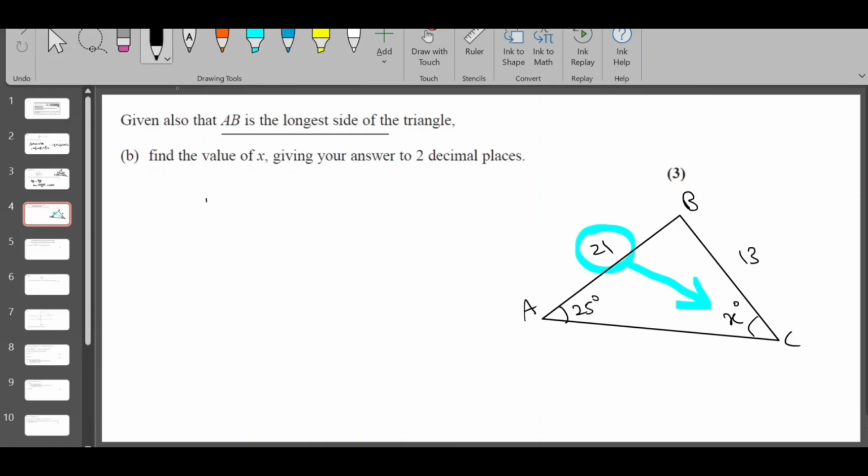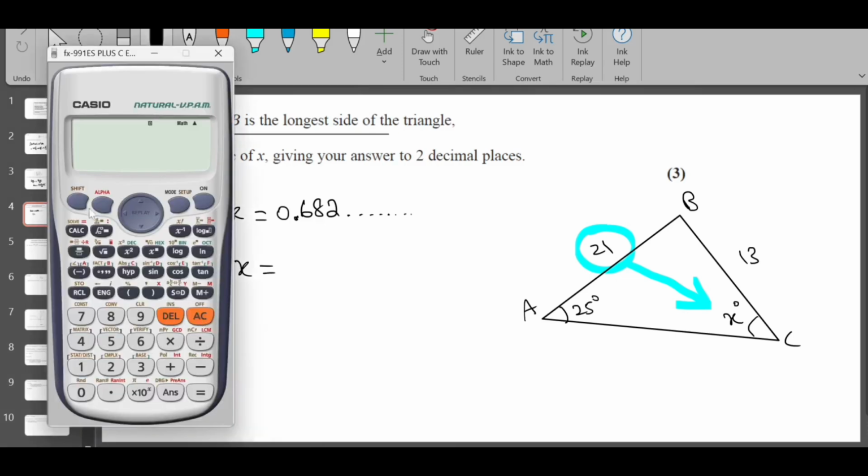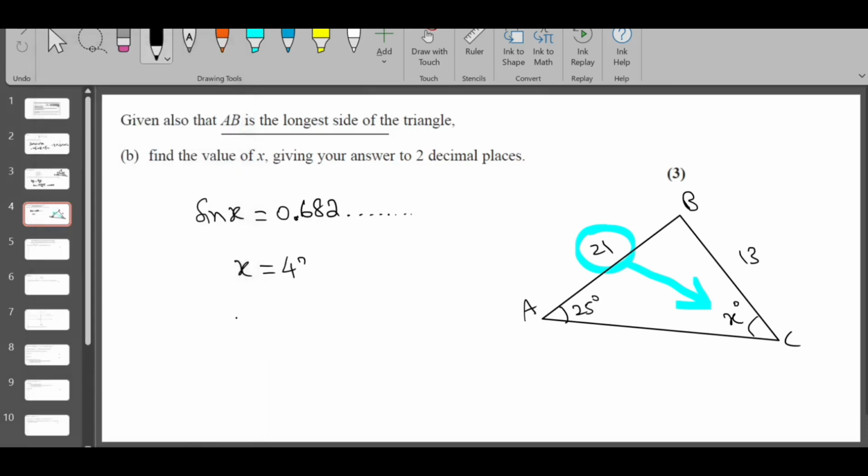Okay, we have calculated sine x from part A, which is 0.682. Don't use the rounded value, use the actual value and find x first. So x is going to be sine inverse of, we store the value as A, 43.05428, 43.054, etc. Okay, now let's say the x is 43 degree.